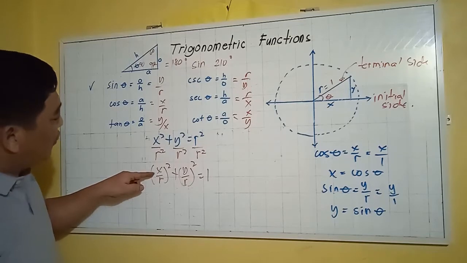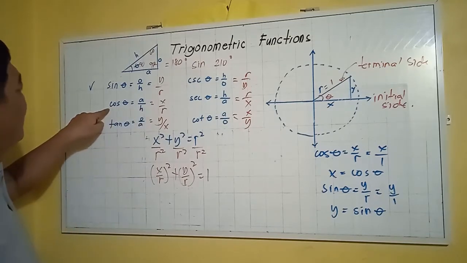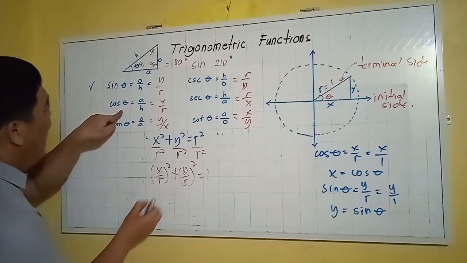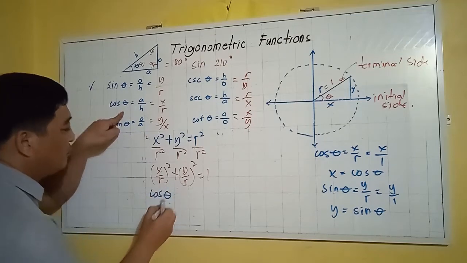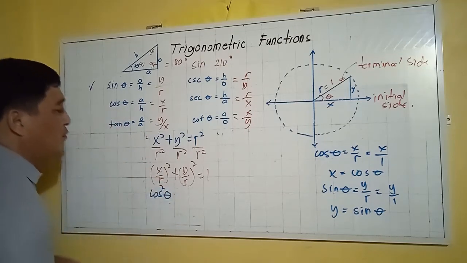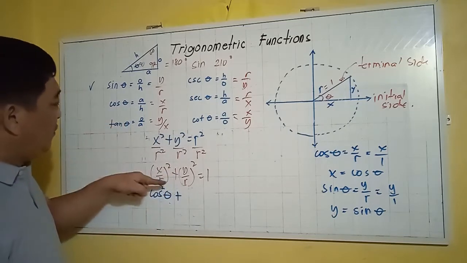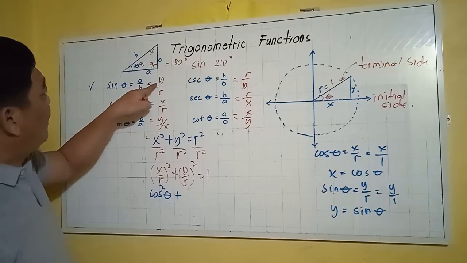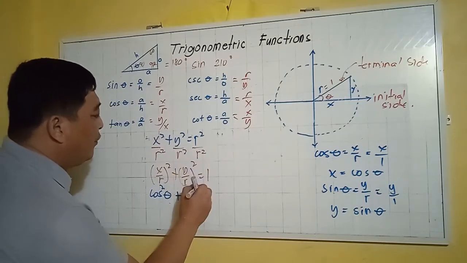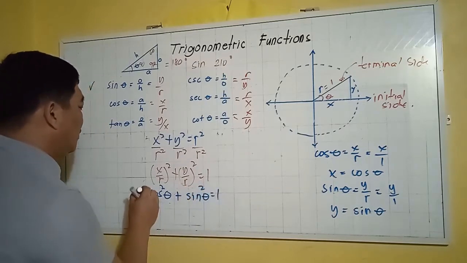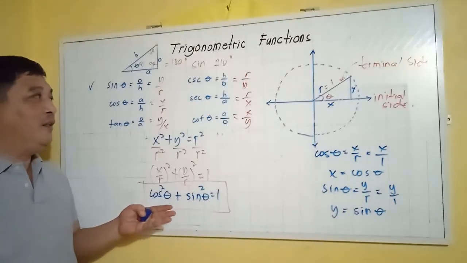Now, if we are going to look at x over r, that's cosine theta. Since x over r is equals to cosine theta, we have cosine theta, and then square. So the next term is y over r. Y over r is sine theta. We have sine theta, and then square is equals to 1. So the first Pythagorean identity.